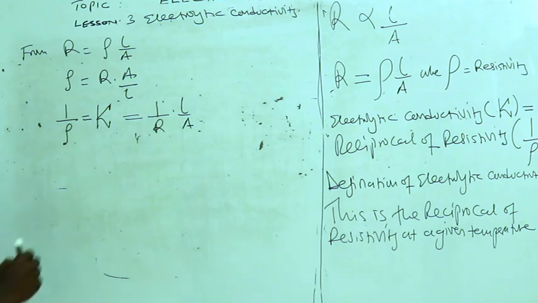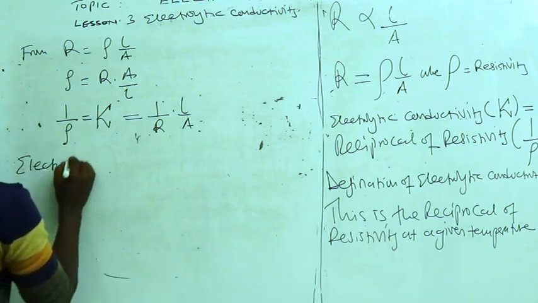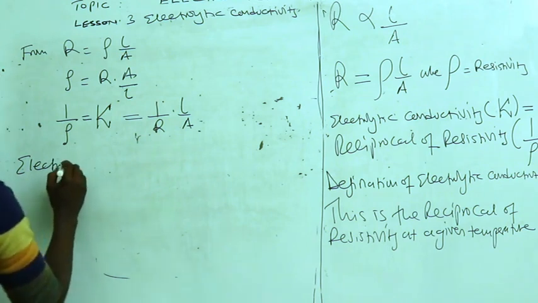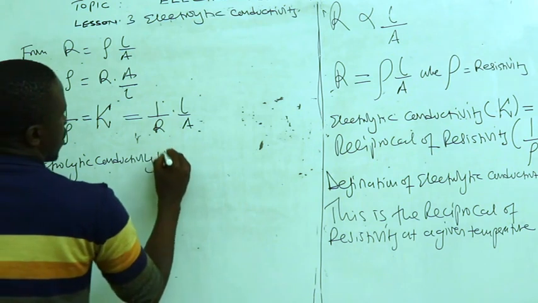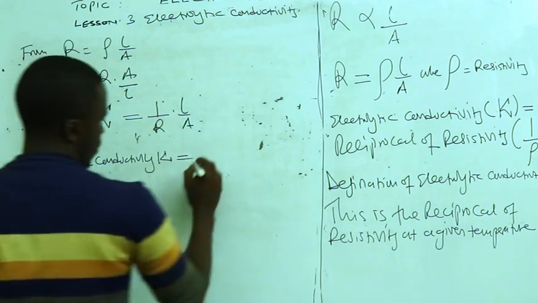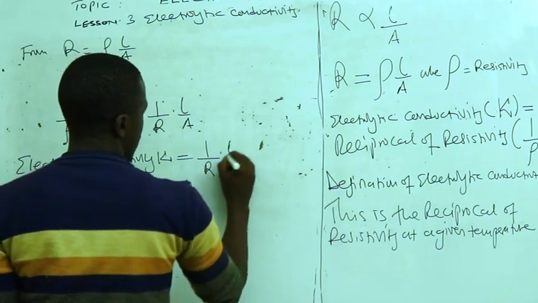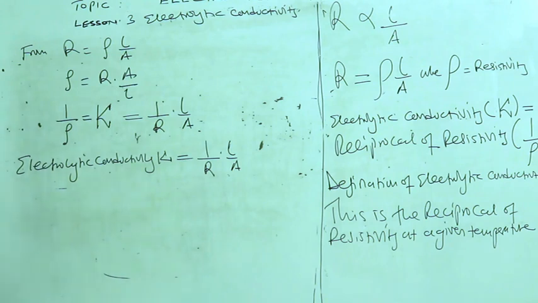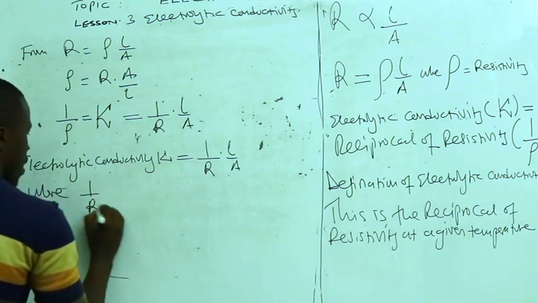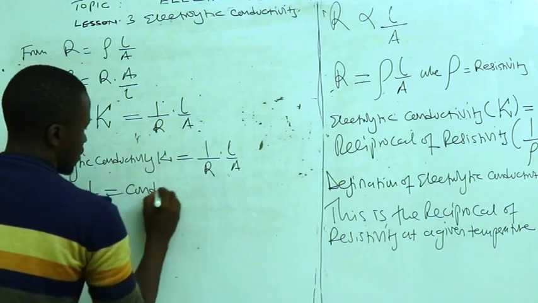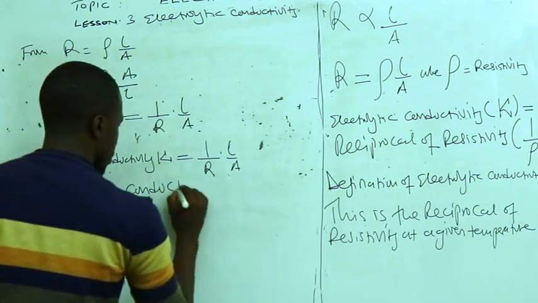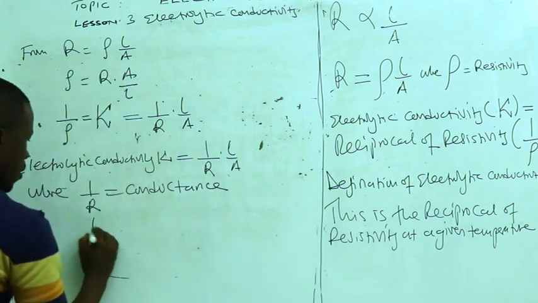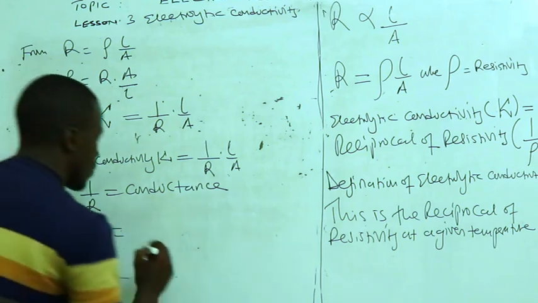And therefore we can always say that electrolytic conductivity K can be given by the formula 1 over R times length over area, where 1 over R is called conductance, and L over A is called the cell constant.